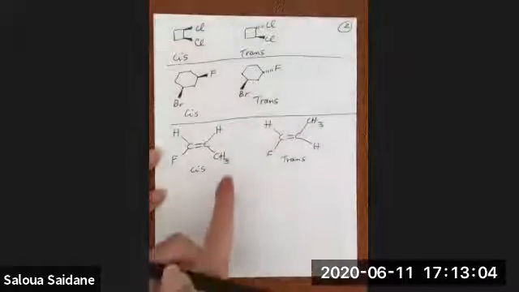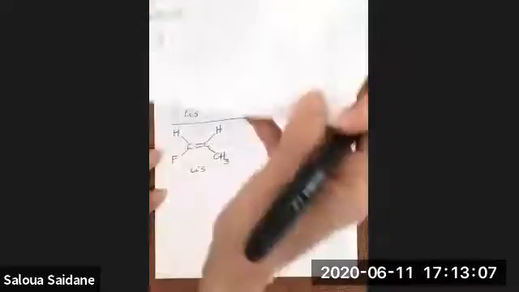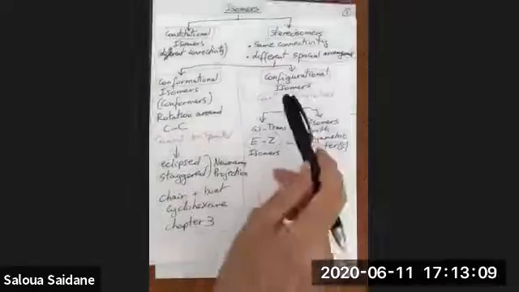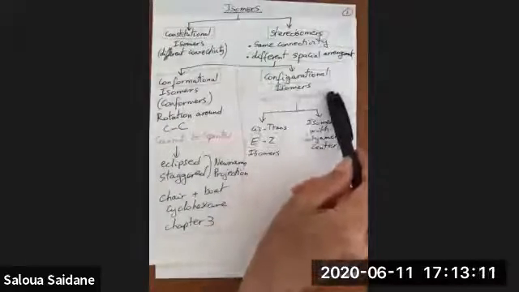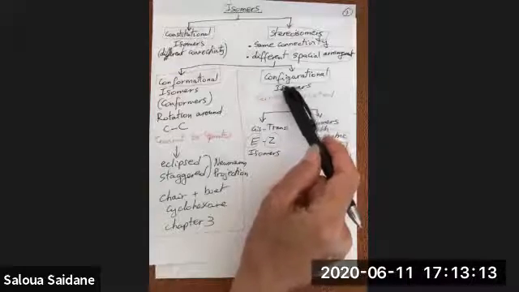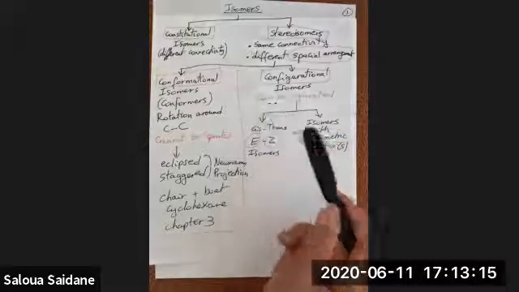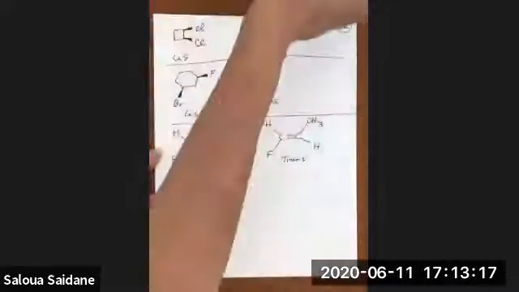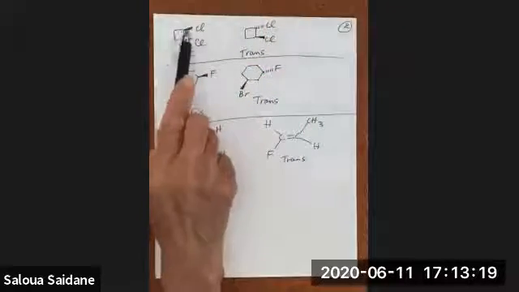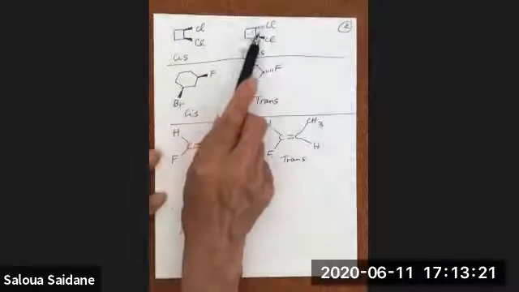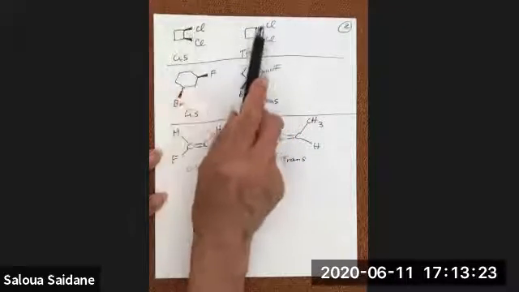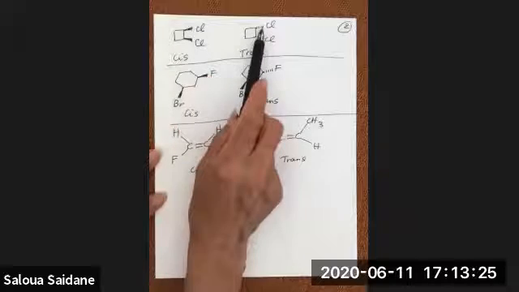Now, I want to mention again, to go back to what I mentioned here, we said there are configurational isomers, and I told you that to go from one to another, you have to literally break a bond. You see here, in order to go from here to here, there is no free rotation that will change this from the front to the back.